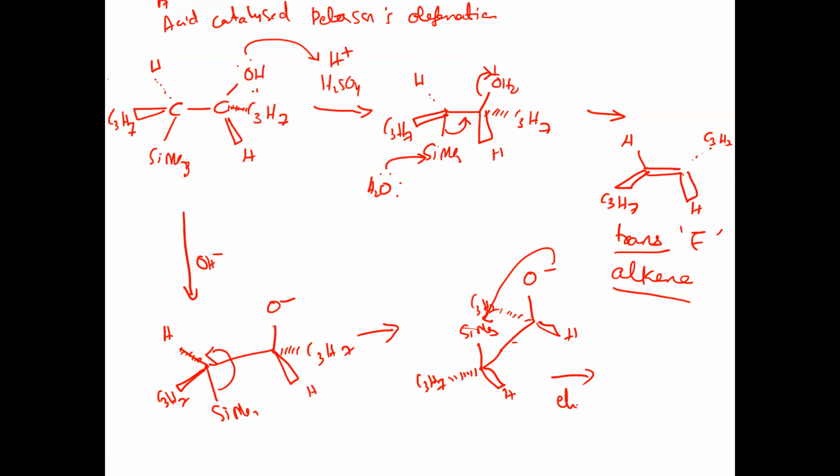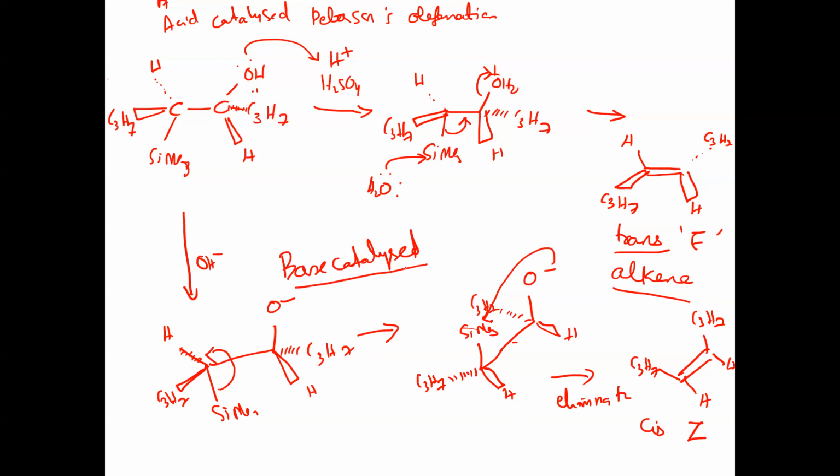It undergoes elimination and forms actually a cis alkene. C3H7 here, C3H7 here, hydrogen here, and hydrogen here. It's actually a cis alkene or Z alkene. So in base catalyzed Peterson's olefination, you will be getting the Z product.